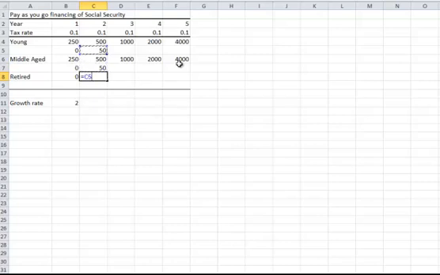Now this person is going to get $50 from the first person and $50 from the second person. So $50 from the young person and $50 from the middle age goes to the retired person for $100. Well, that's pretty good for that middle-aged person because that middle-aged person right here didn't pay anything into Social Security. Now he gets $100. That is a great rate of return. So the startup generation gets a great rate of return.